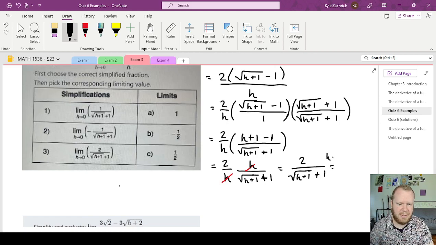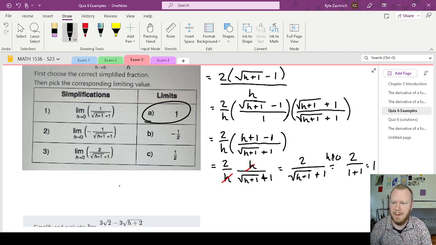When we set h equal to 0, we get 2 over 1 plus 1, which is just 1. And we can see which of these options here, 2 over square root of h plus 1 plus 1, that's going to be this one here.